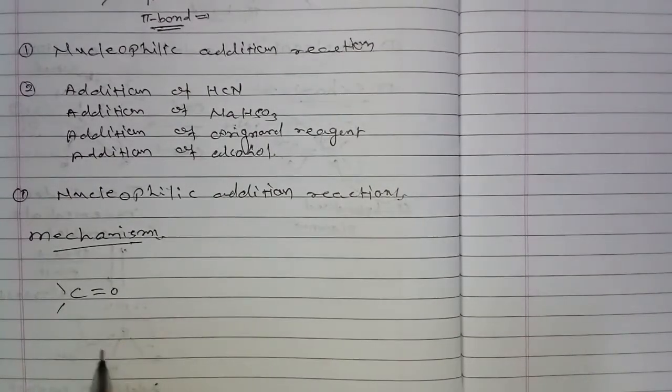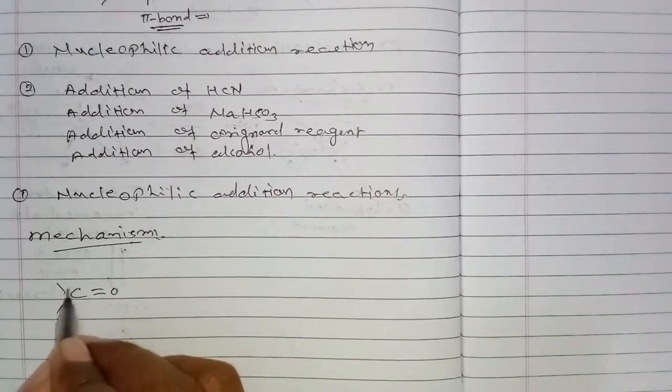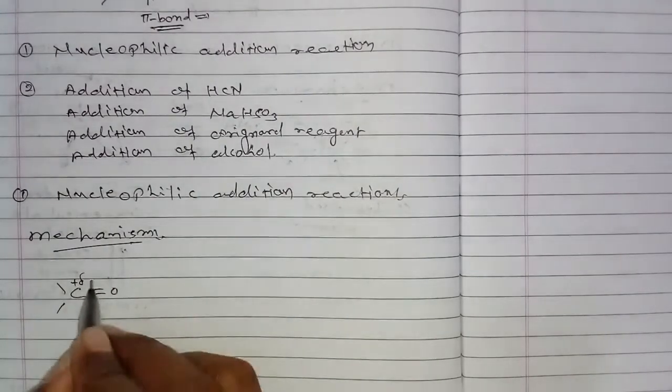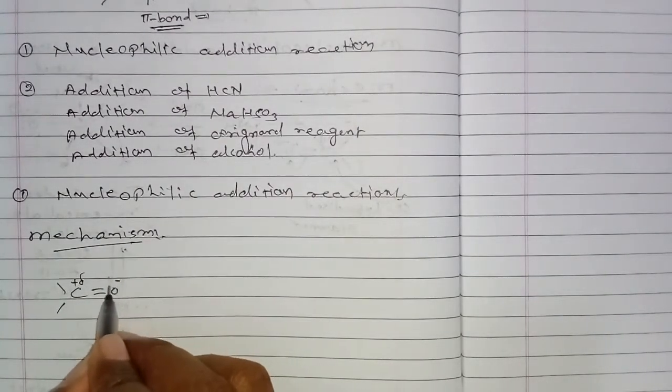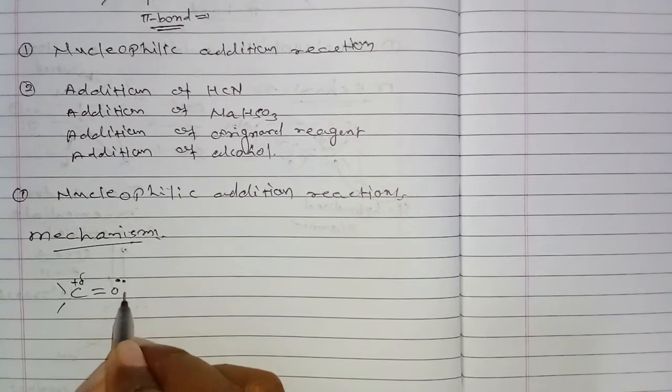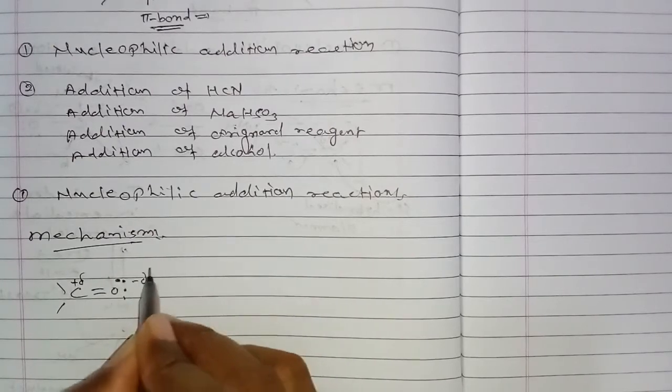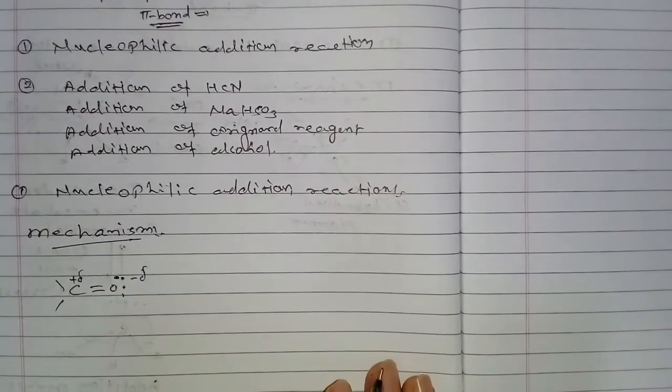Here the carbon of the carbonyl group has a partial positive charge, and the oxygen has two lone pairs of electrons and a partial negative charge.